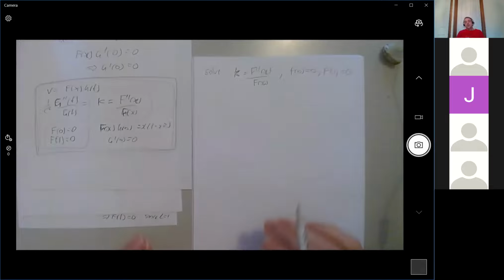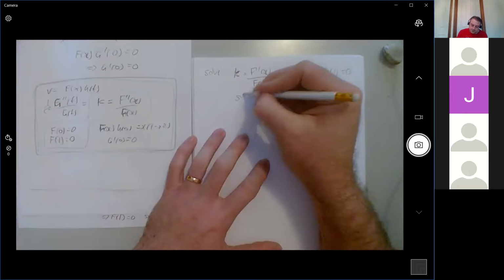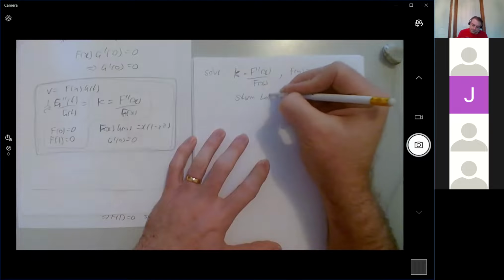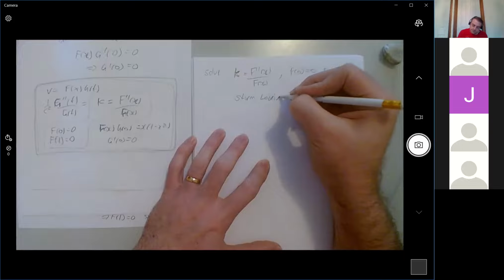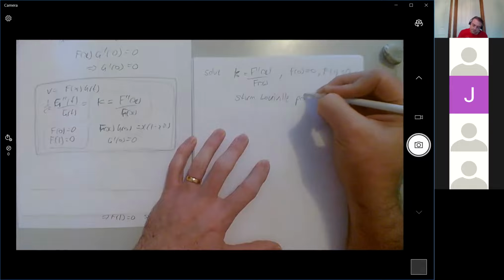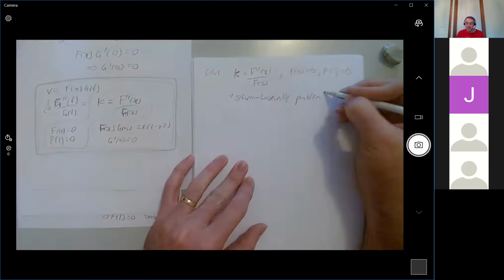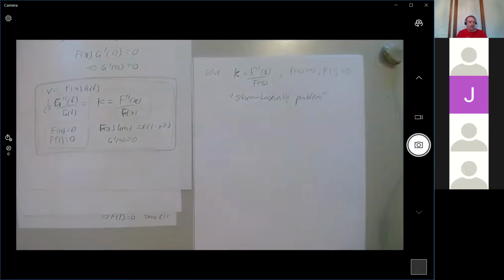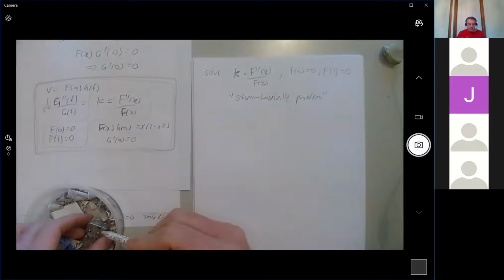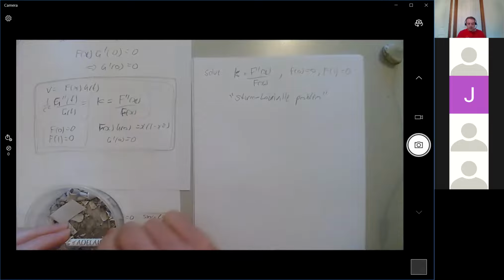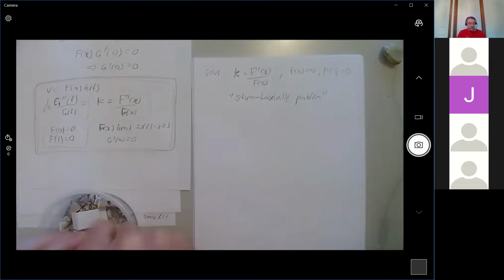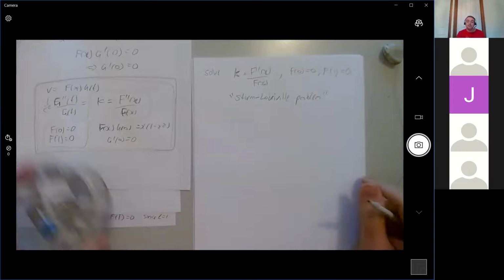This is called the Sturm-Liouville problem, as far as I'm aware. And it's a classic problem. It is a problem of a second order differential equation with constant coefficients.